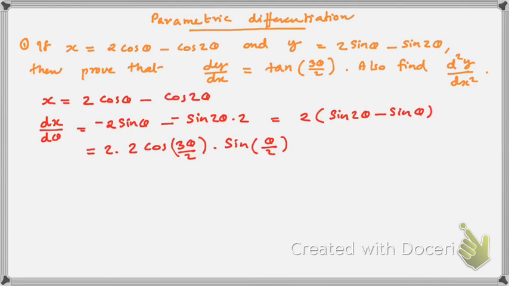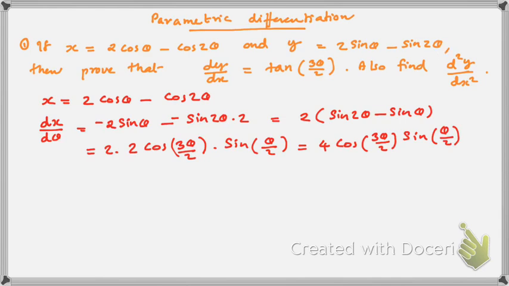Your A is 2 theta, B is 1 theta. So A plus B by 2 is 2 theta plus 1 theta by 2, and A minus B by 2 is 2 theta minus 1 theta by 2. So once again the formula for sin A minus sin B is 2 cos A plus B by 2 into sin A minus B by 2. So that's my dx by d theta. Done with it? Of course 2 2's are 4, you can write 4 cos 3 theta by 2 into sin theta by 2.